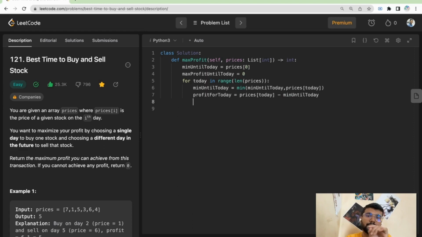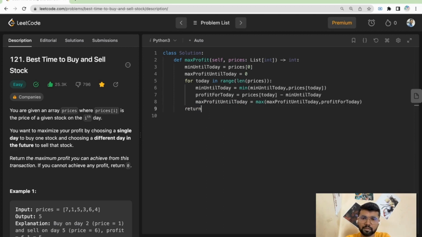Now we have to just track the maximum profit. So max profit until today should be the maximum of the same and today's profit. And at last just return the maximum profit.